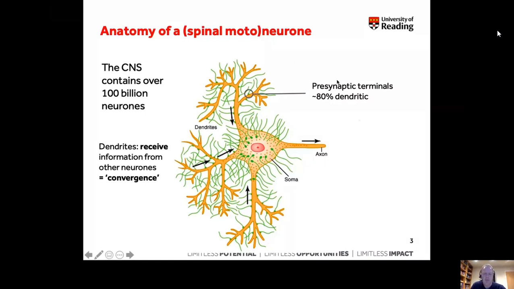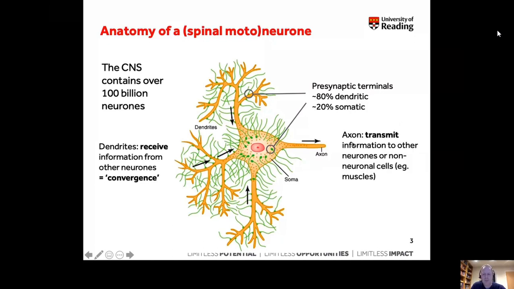Around 80% of presynaptic terminals form on dendrites, so they're said to be dendritic. The other 20% form on the cell body, and are said to be somatic. The axon, as I said earlier, usually one axon coming out from the cell body, transmits information to other neurons or sometimes non-neuronal cells.